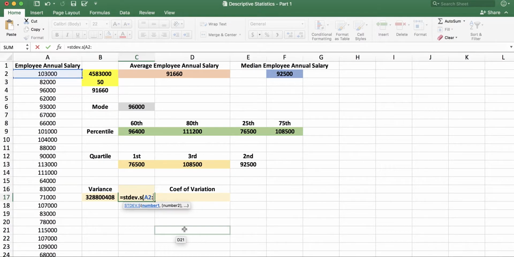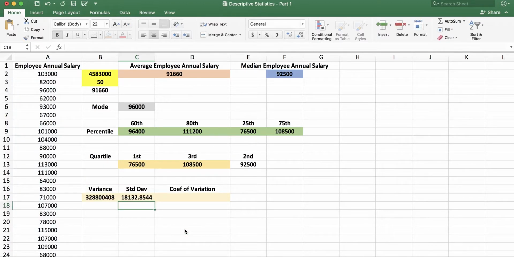We are going to input our data set A2 up to A51. All right, and that will give me the standard deviation. Another way to calculate standard deviation, if you already know what the variance is, is to take the square root of the variance. So what I will do is input the variance into my square root function on Excel, which will give me the same value. Okay?